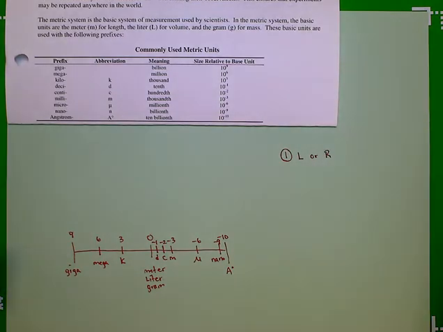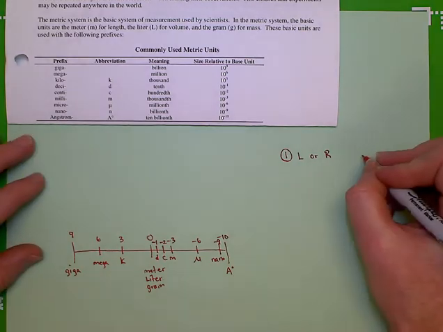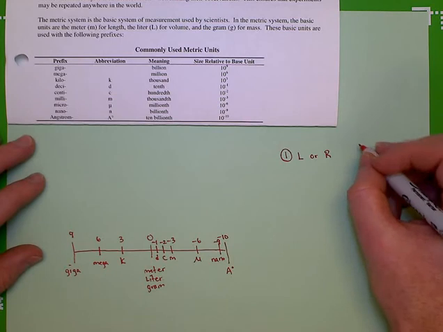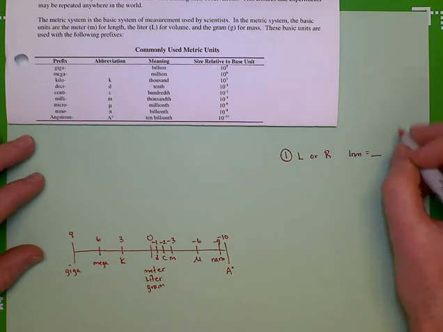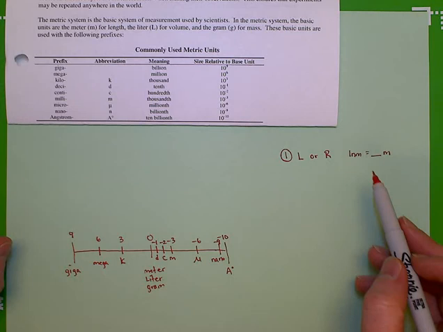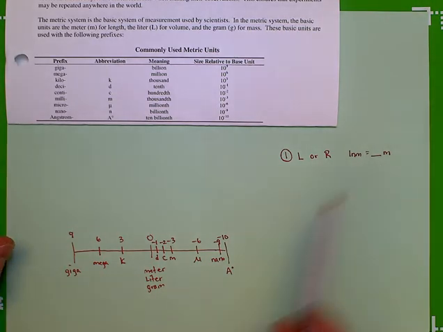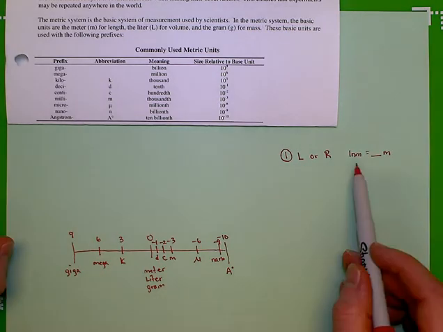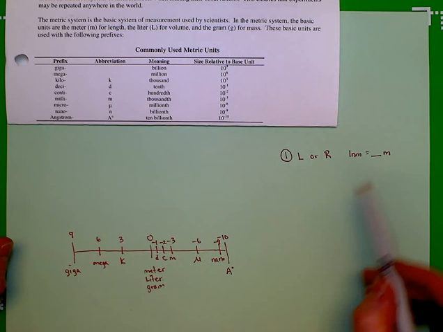For instance, let's say your question is, 1 nanometer is equal to how many meters? Let's say this is the question you get. What you want to do is look at your scale here. Find nanometer right there at minus 9 and meter right there at 0.